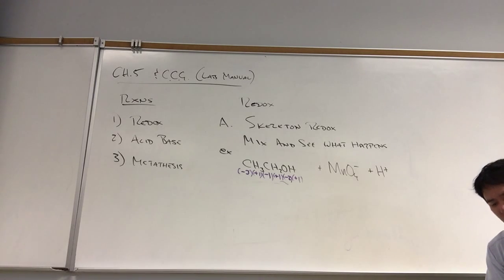All 8? Manganese didn't have 8 to begin with, does it? How many electrons does manganese have? Well, maybe manganese is a bit tricky. I should have done something easier.